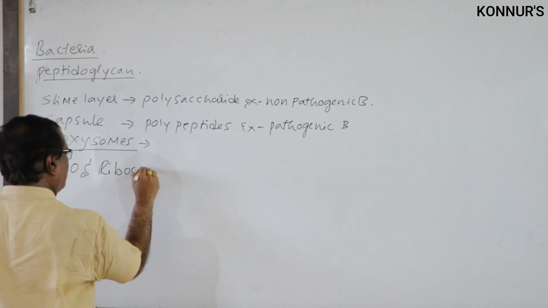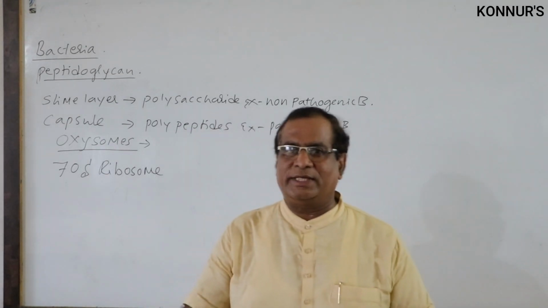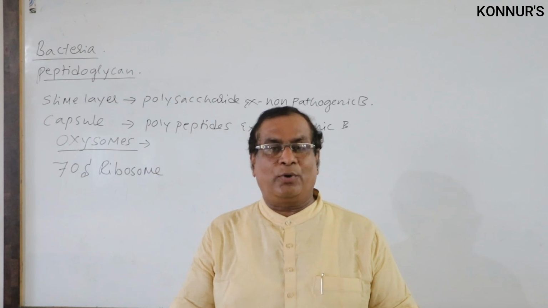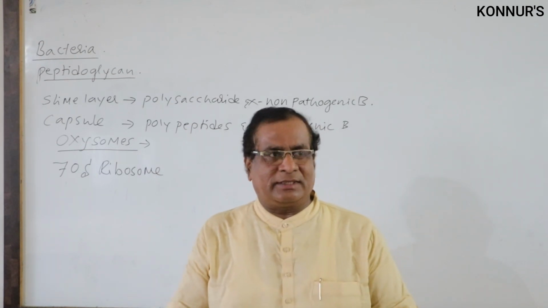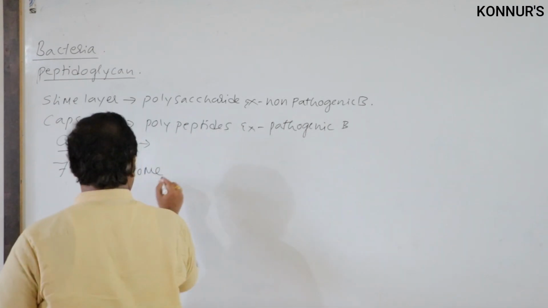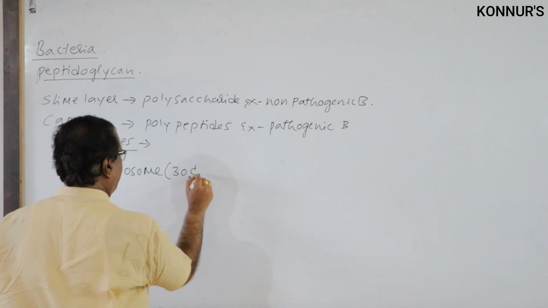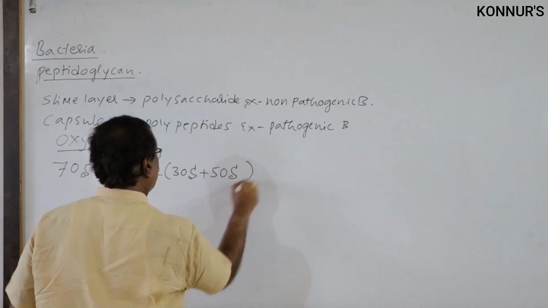Already you know that in eukaryotic cells, 80S ribosomes are there, but in prokaryotic cells like bacteria, 70S ribosomes. In 70S ribosomes, the smaller unit is 30S and the larger is 50S.